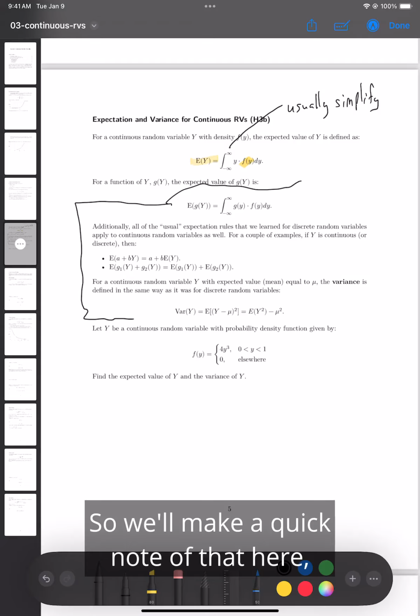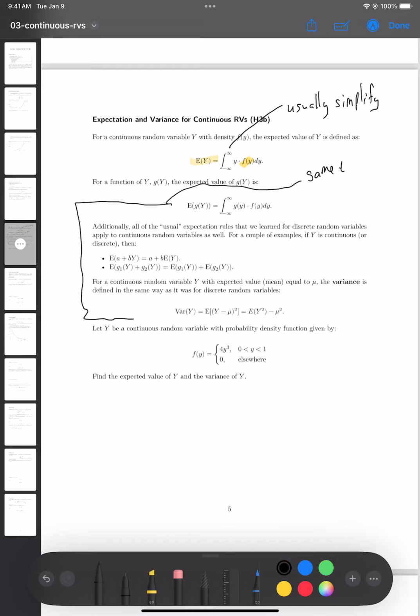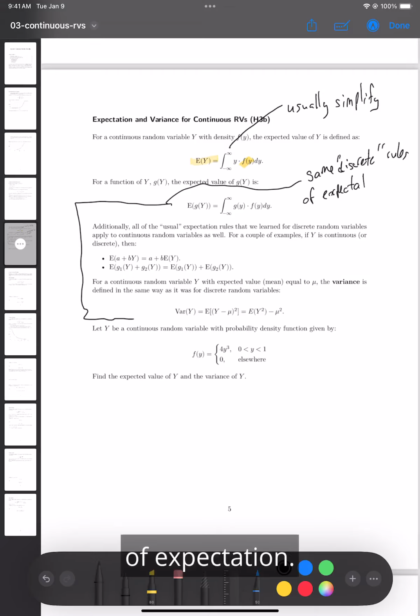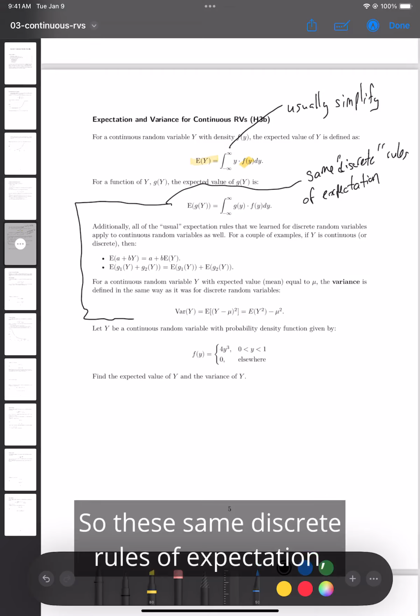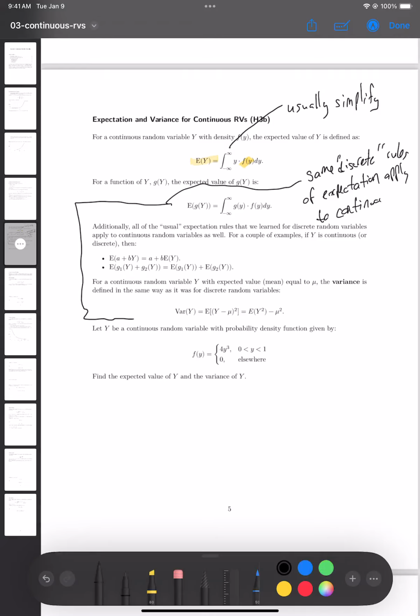So we'll make a quick note that these same discrete rules of expectation also apply to continuous random variables.